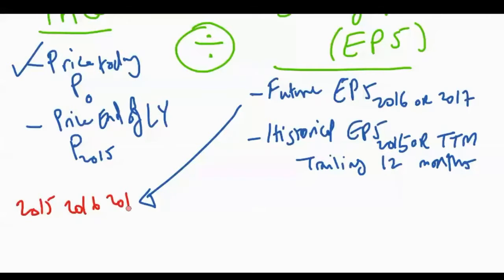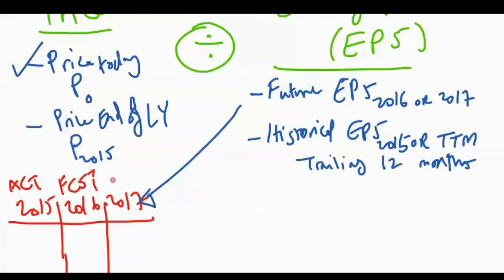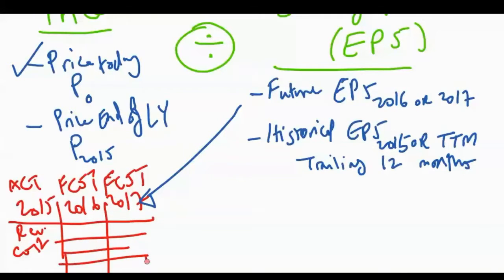You could look at 2015, 2016, and 2017. These are numbers that you can get from different sources like Bloomberg or Thomson Reuters, and 2015 will be the actual, then the forecast for 2016 and 2017. You can have the revenues for all these years, you can have the costs, and end up with the earnings. So this is for the future.